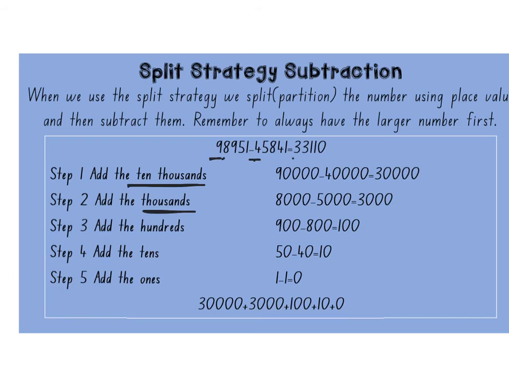So that's the number next to it. Then you need to subtract the hundreds, then the tens, and then the ones. Then down the bottom you need to add them all together to get your answer. So 98,951 take away 45,841 equals 33,110.